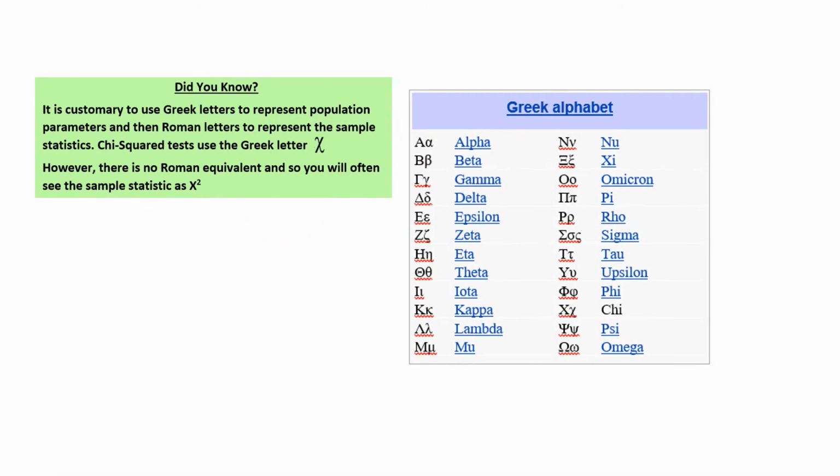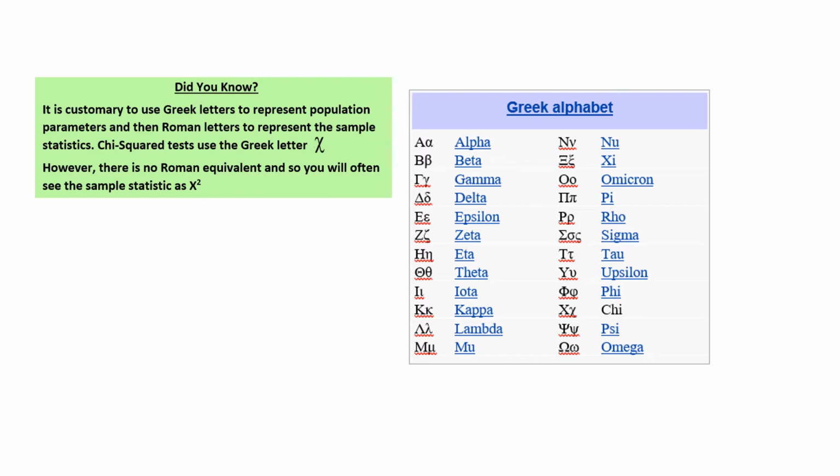This is just a little aside. I've talked about this in normal maths before. When we're looking at the sample data, we tend to use Roman letters, and when we then refer to the population, we use the equivalent Greek letter.